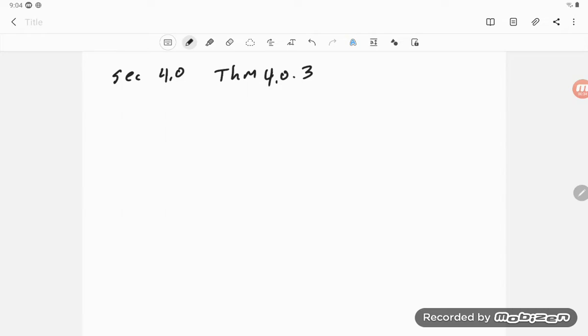It's just kind of interesting that they put this theorem right here, and no proof, but they don't even talk about the fact that they don't give a proof. They just state the theorem. So let's get to the theorem.